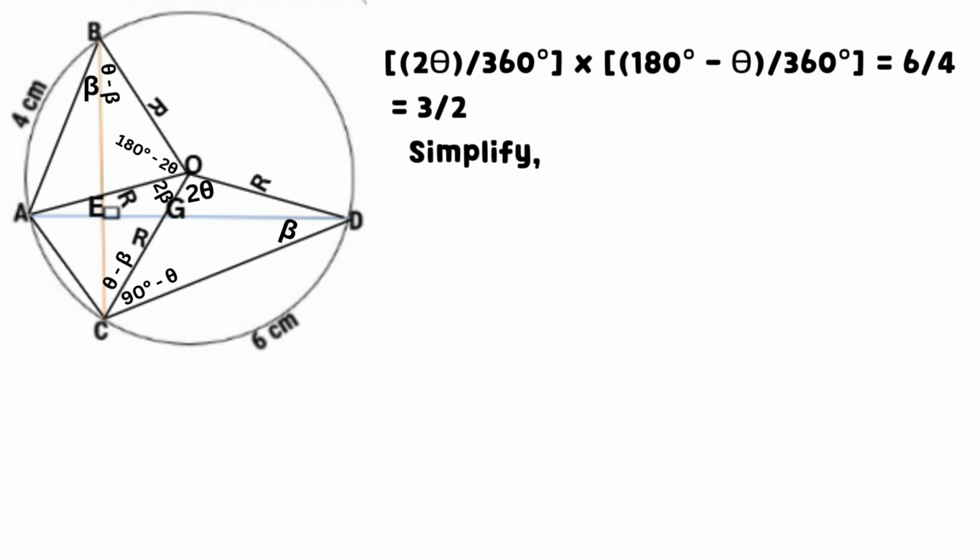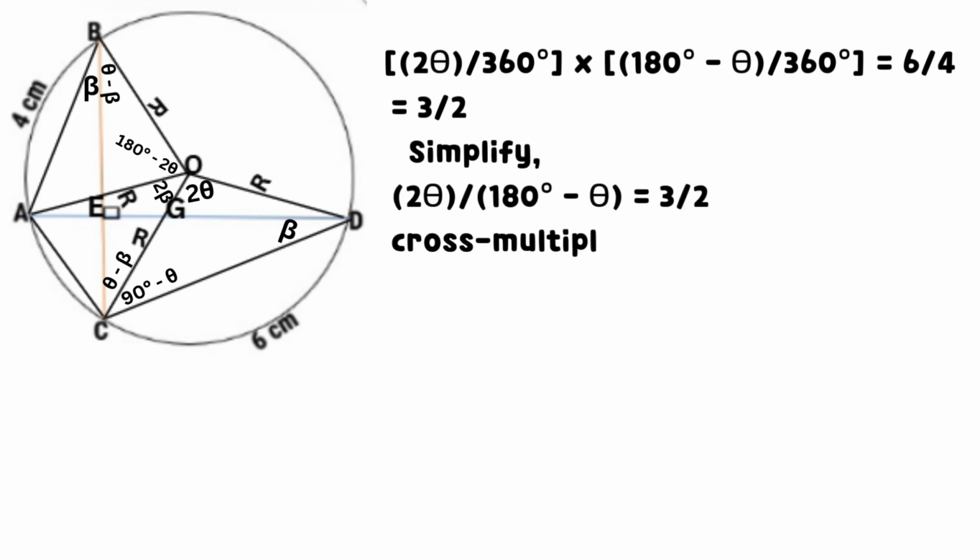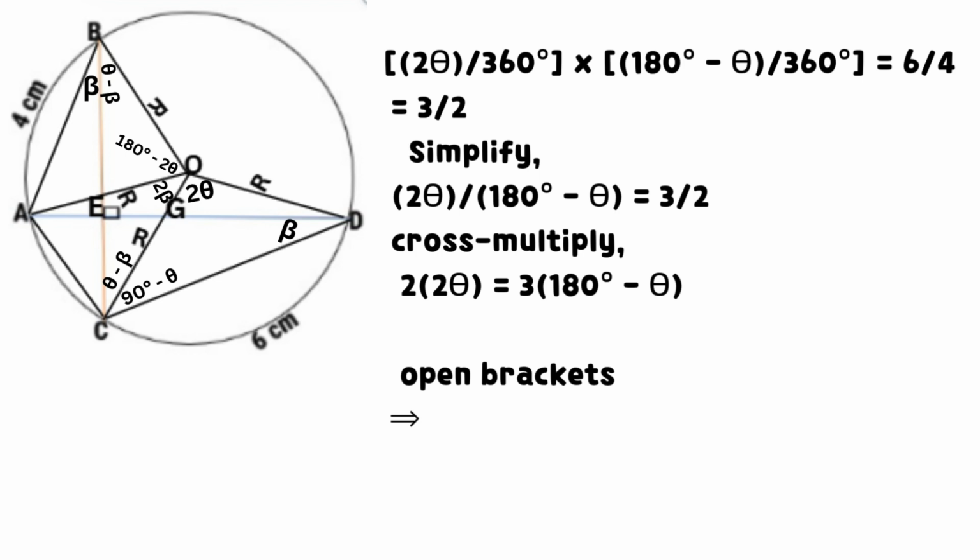We have that the product of 2 times theta divided by 360 degrees and 180 degrees minus theta divided by 360 degrees equals 6 divided by 4, which equals 3 over 2. Simplify to have the equation shown on the screen.